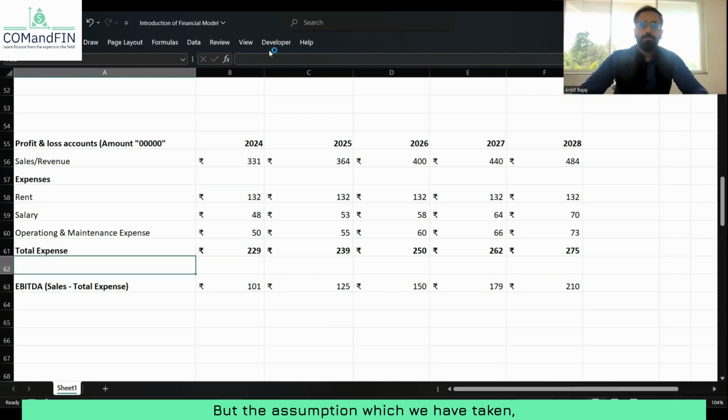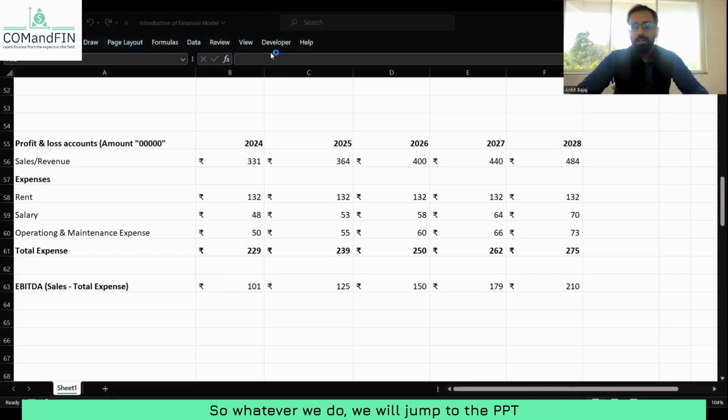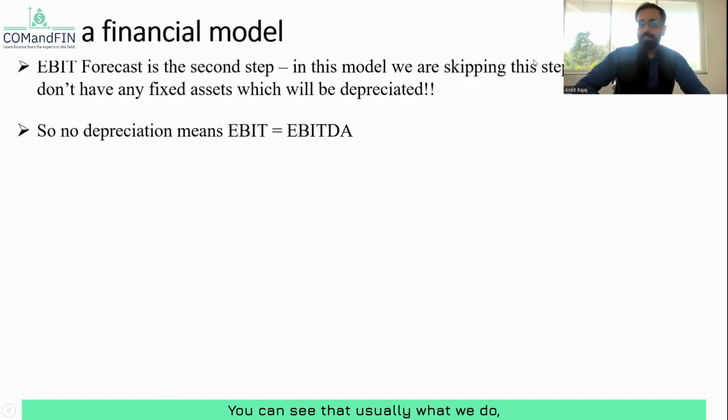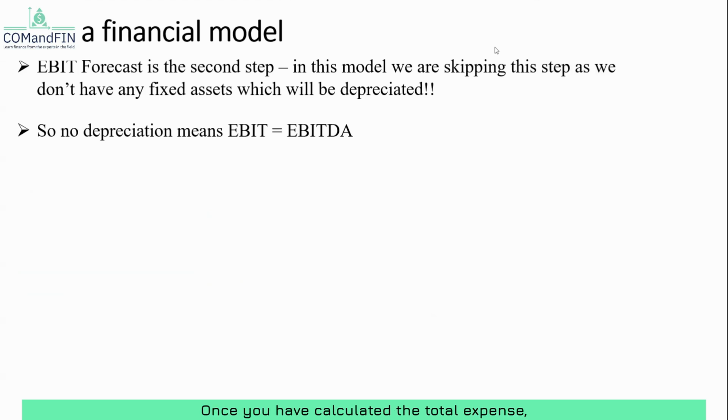But the assumption which we have taken, there we have to make a small change. So we will jump to the PPT and we will see more data here. You can see that usually we calculate EBITDA once we have calculated the total expense.